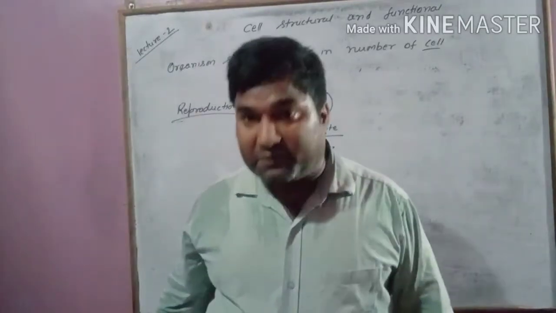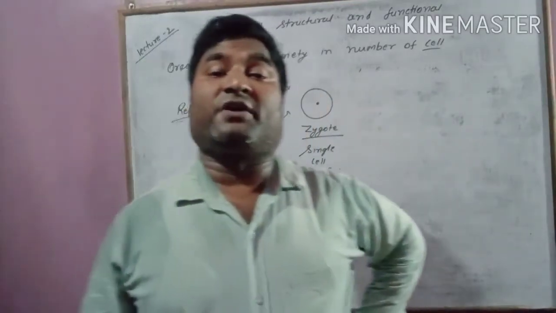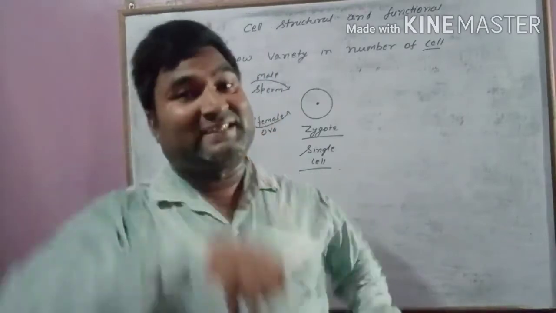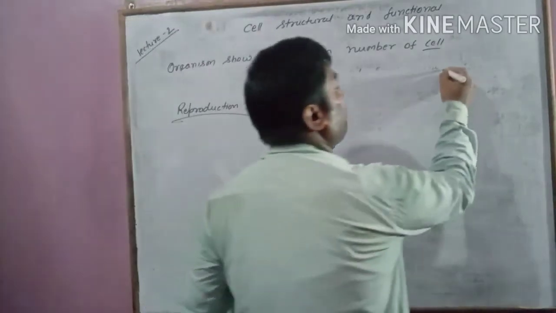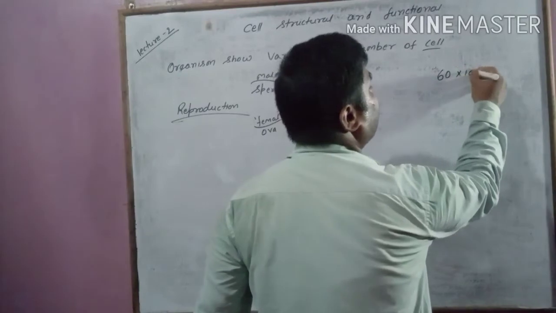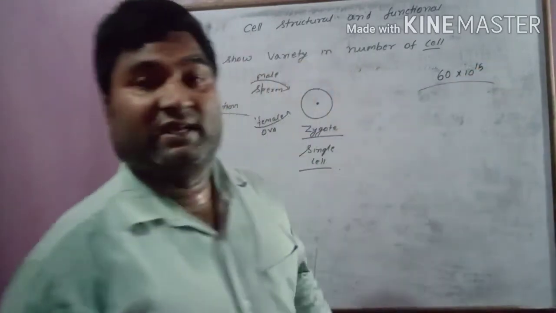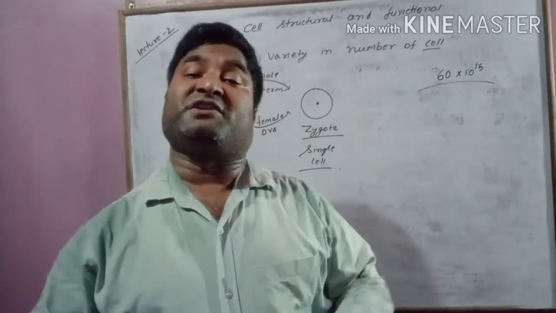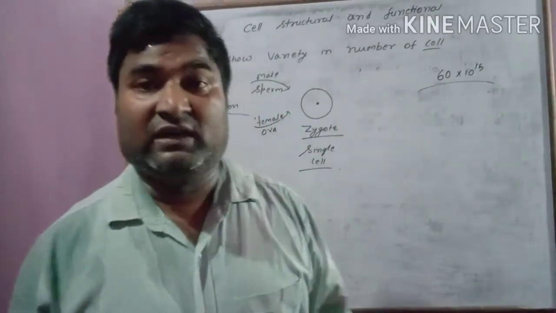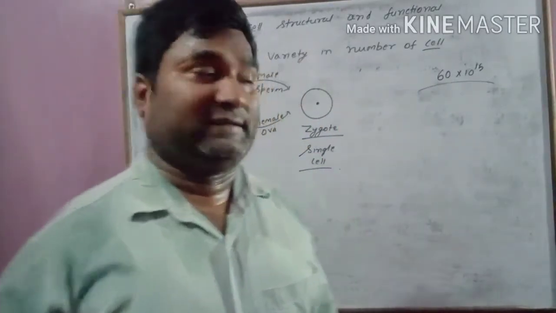Yesterday I have told you na that if we are talking about a person whose weight is 60 kg, the number of cell in his body will be 6 into 10 to the power 15 cells. So this much cell means trillions of cells will be there in the body of the living organism.